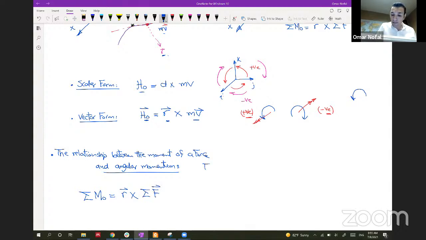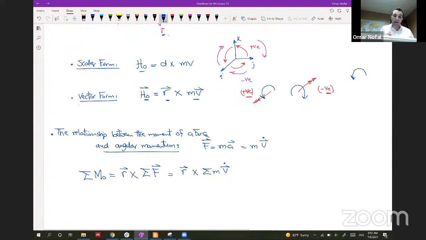And we know that F is equal to ma, and this is the F vector, and we know that a is equal to v dot, the time rate of change of the velocity. So this will be equal to R cross product with the sum of the masses multiplied by the time rate of change of the velocity.